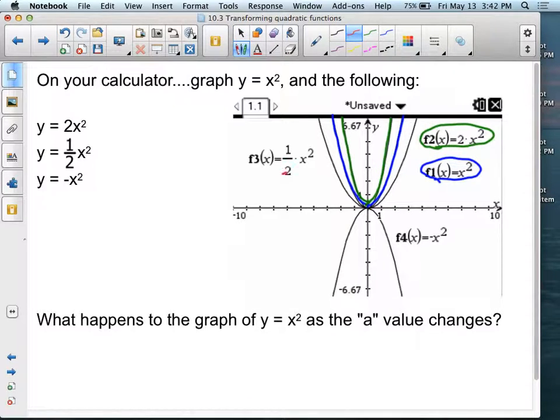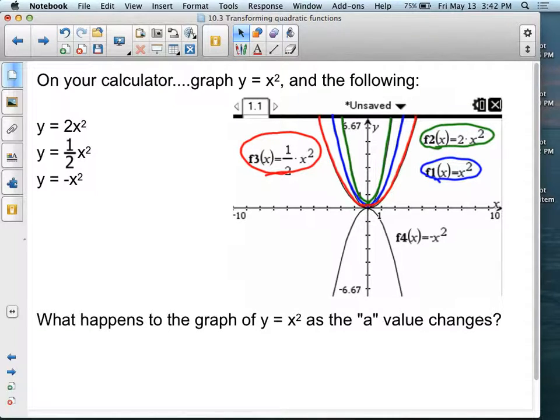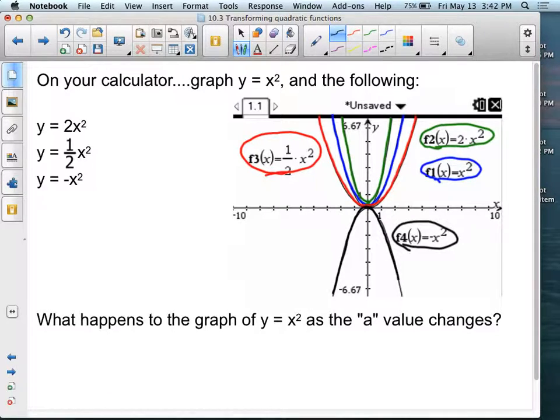When you graphed your third one, your graph appeared a little bit wider, perhaps. In our last one, it looks like it flipped over the axis.